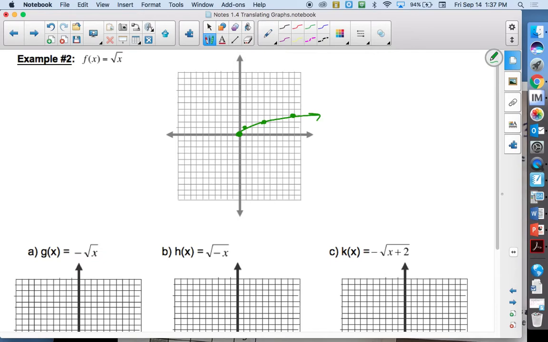If you can quickly recognize what the picture looks like in your mind, which Mr. Kane has, not quite a photographic memory, but he's very darn close, which is annoying. But some people have that. If you can quickly recognize a square root means it's going to hook this way, parabola means it should be a u, absolute value means it should be a v, you're going to have more time on your test to focus on the harder things.